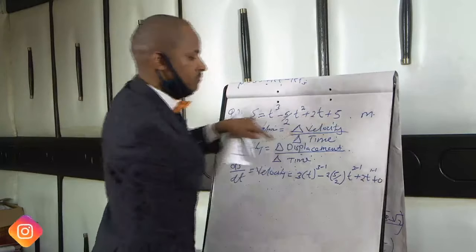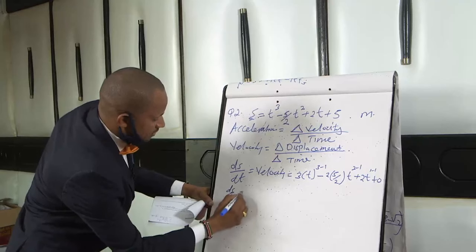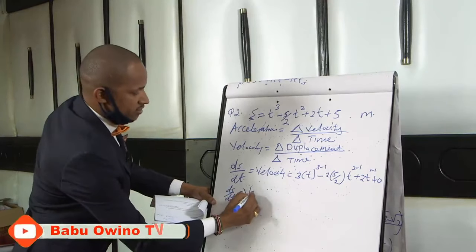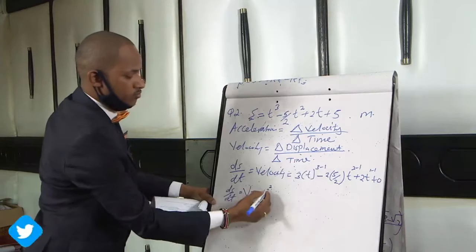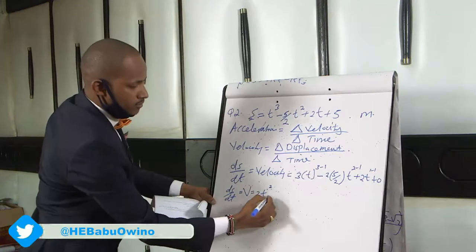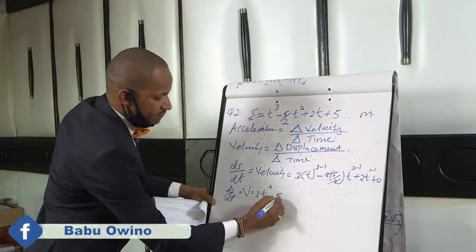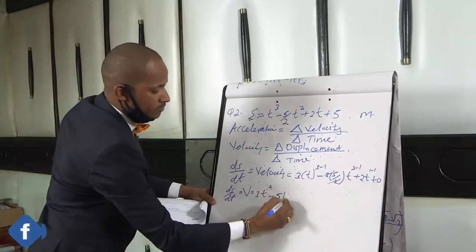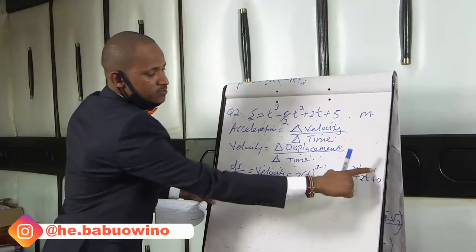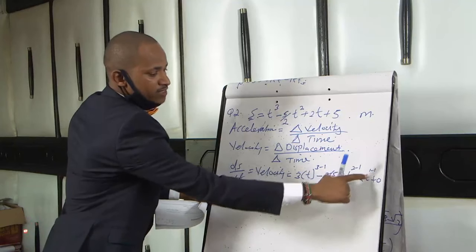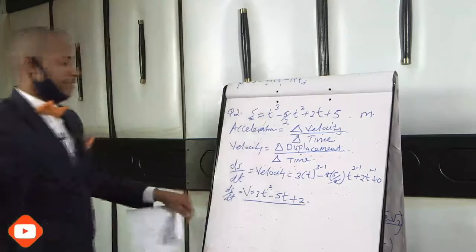Therefore, ds/dt, which is our velocity, equals 3t squared, minus 2 cancels with 2, you get 5t to the power 1, which is 5t, plus 2t to the power 0. t to the power 0 is 1, therefore 1 times 2 is 2. So this is our velocity.